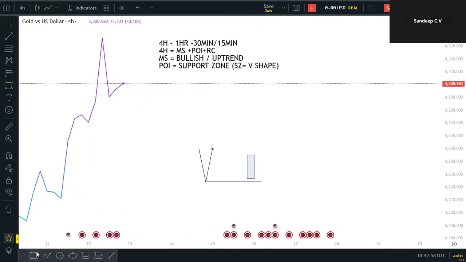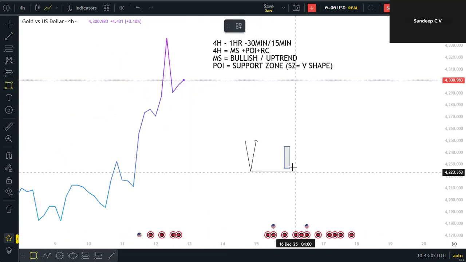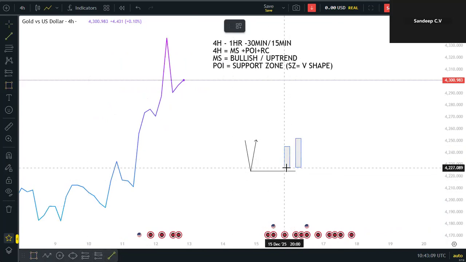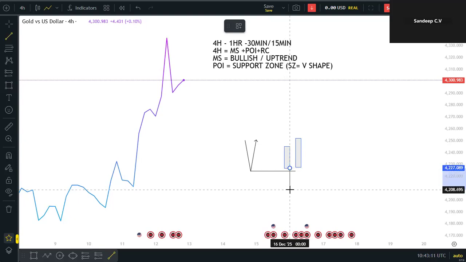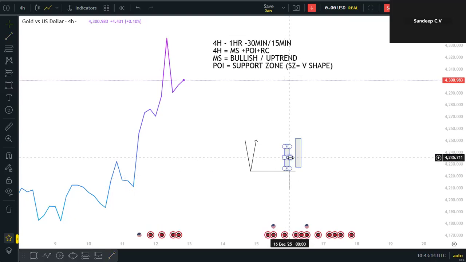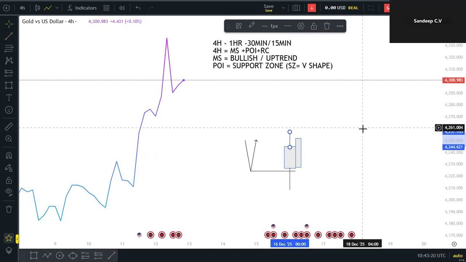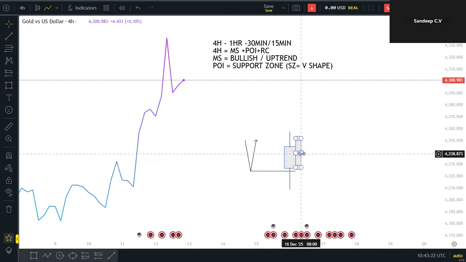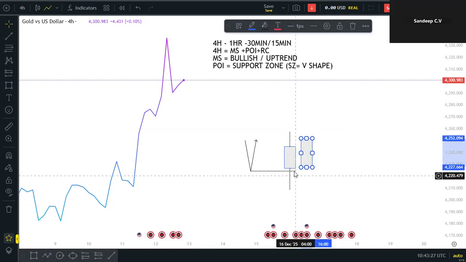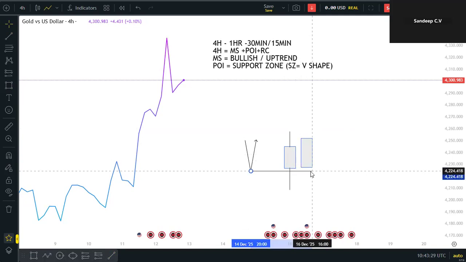So candle one, and then we have candle two. To confirm that this V shape is valid, we want to see two candles on that zone.